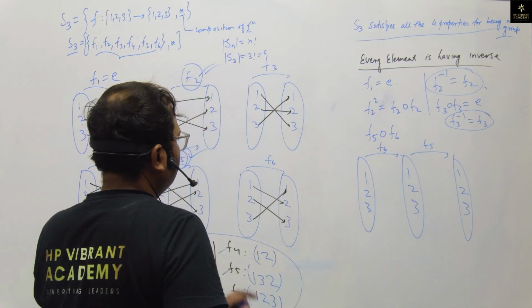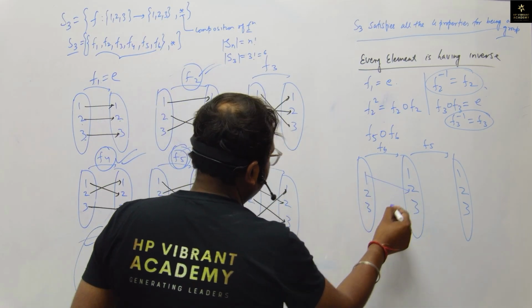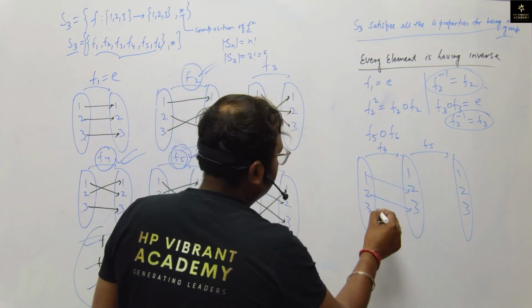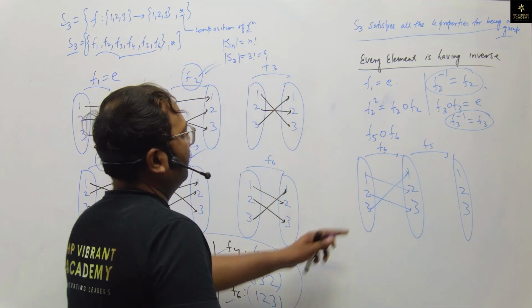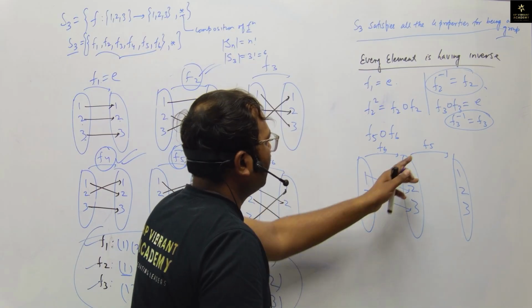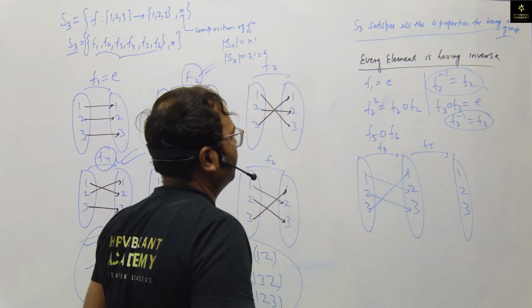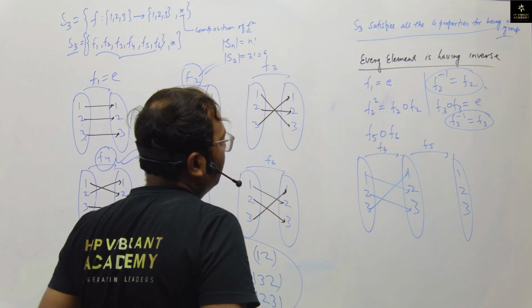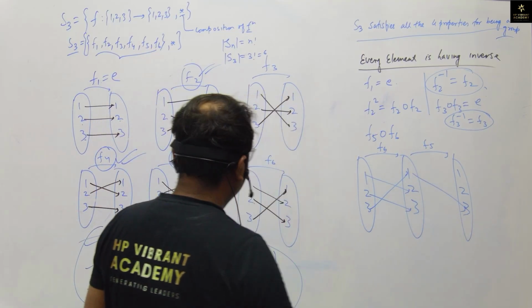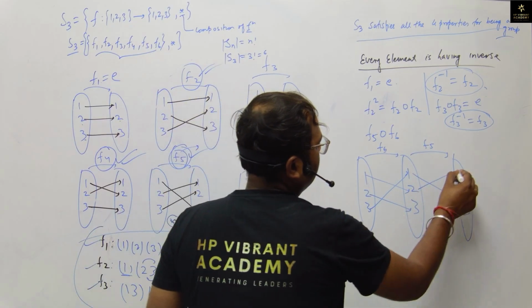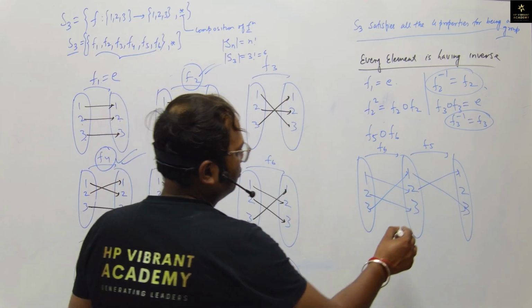So f6: 1 goes to 2, 2 goes to 3, and 3 goes to 1. Let us apply f5 on f6. Now f5: 1 goes to 3, 2 goes to 1, and 3 goes to 2.